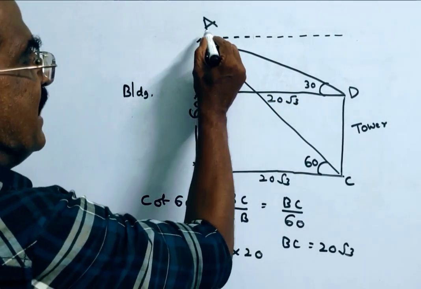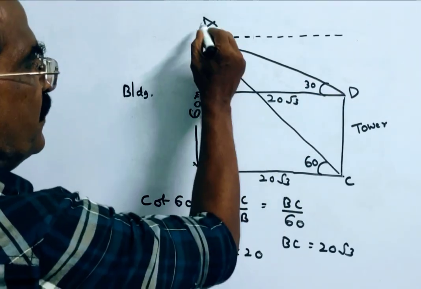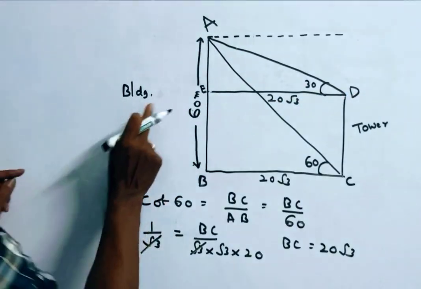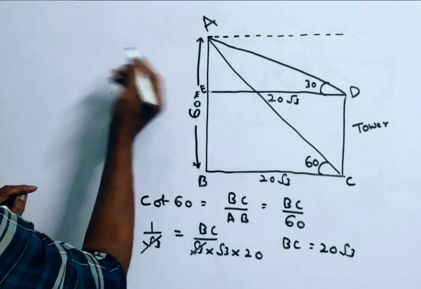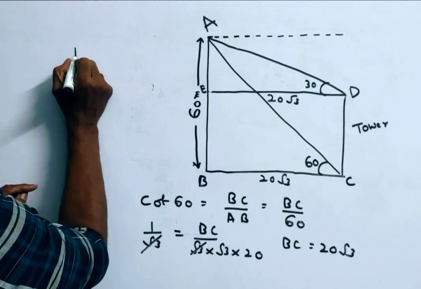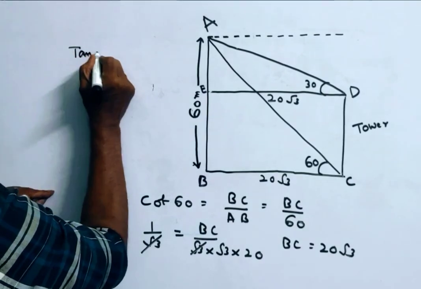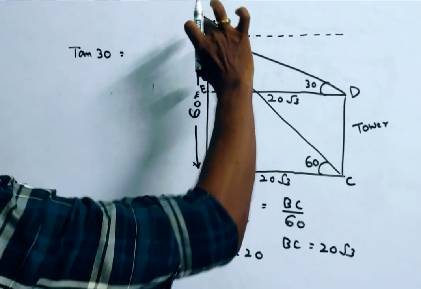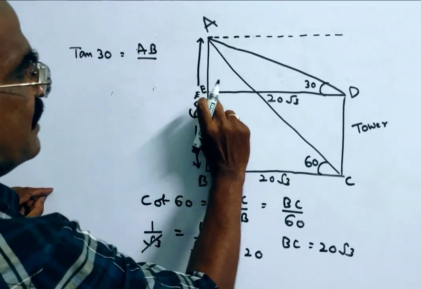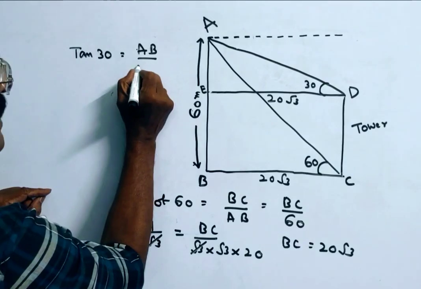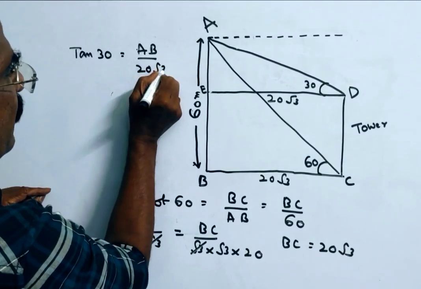Friends, now let us consider triangle AED. In triangle AED, friends, tan 30. Tan 30 is equal to AE, the opposite side, by ED, the adjacent side. ED is equal to 20 root 3.